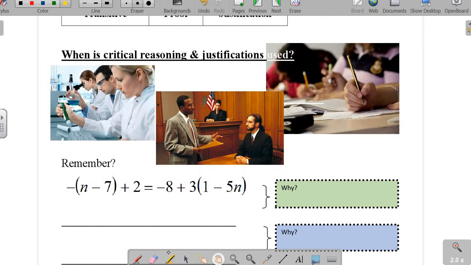Now, in research, you have to be able to explain your steps and answer the question, why is this particular avenue of research, or why are your results positive or negative? In the legal realm, we use something called precedent. Why is some activity or another activity legal versus illegal?